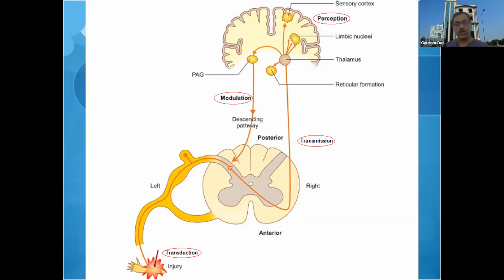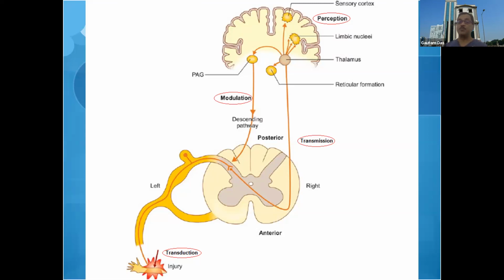So I'll be inviting some quick questions before going to the next slides. This part is very, very important, as I told you, to understand the pain modulation system as well as the higher centers. You can quickly ask me questions. Then I'll be going to another very important aspect, which is called pain amplification. Just now we discussed how physiologically pain is reduced.